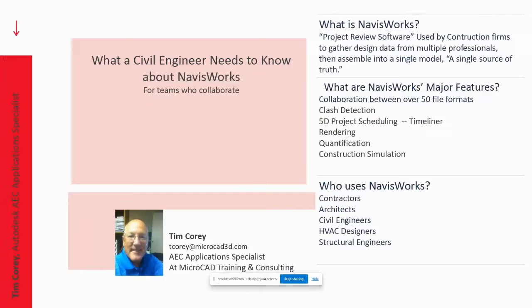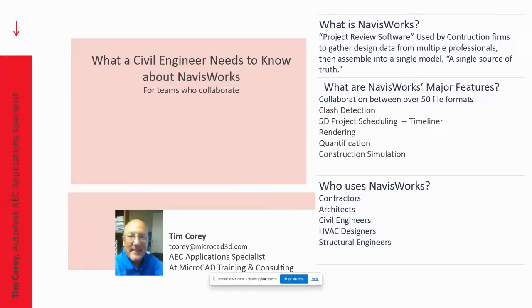There's going to be an architect designing the building. There's going to be an MEP engineer doing the mechanical, electrical, plumbing, right? There's going to be other professionals doing other parts of the building. Well, NavisWorks takes all those various file formats, up to 50 different file formats, and lets the contractor put those together into a single model.